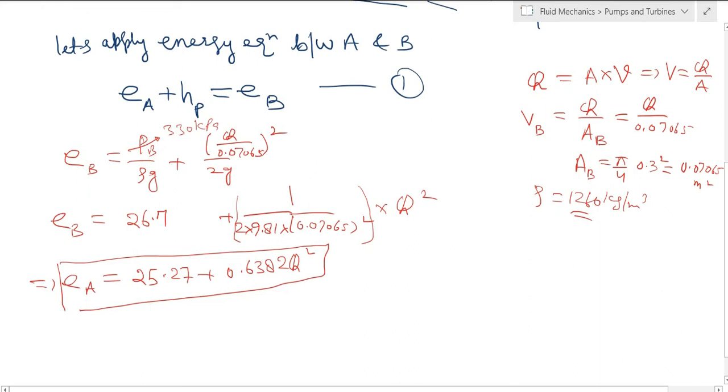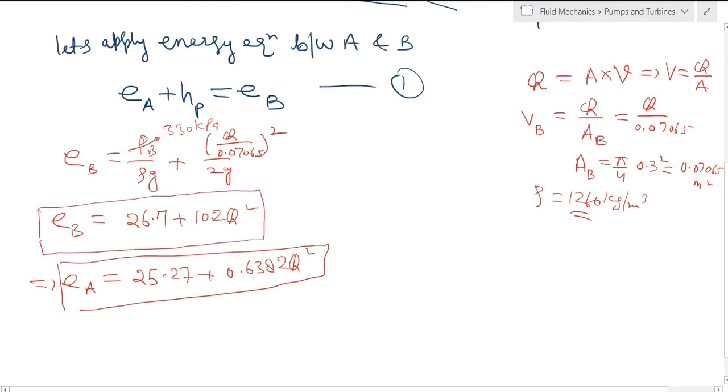So I can write 10.2 in place of all of this, approximately 10.2, because we round off the things. This Q square is going to be plus 10.2 Q square. Now here we get the energy at B. We get the energy at A and the energy at B.